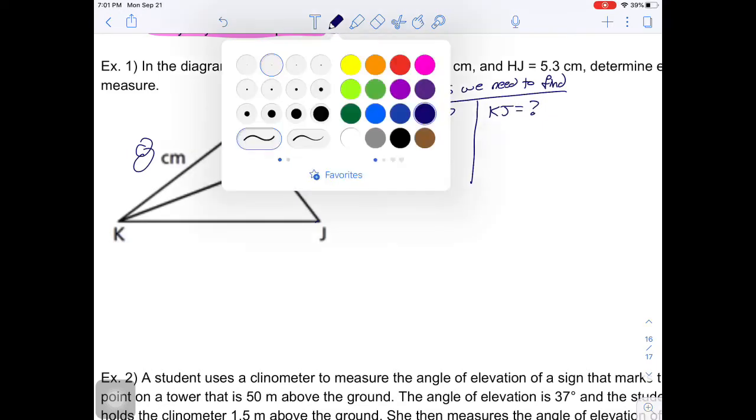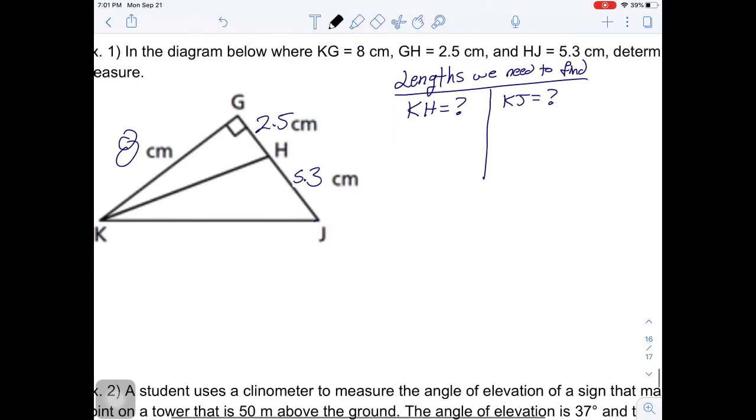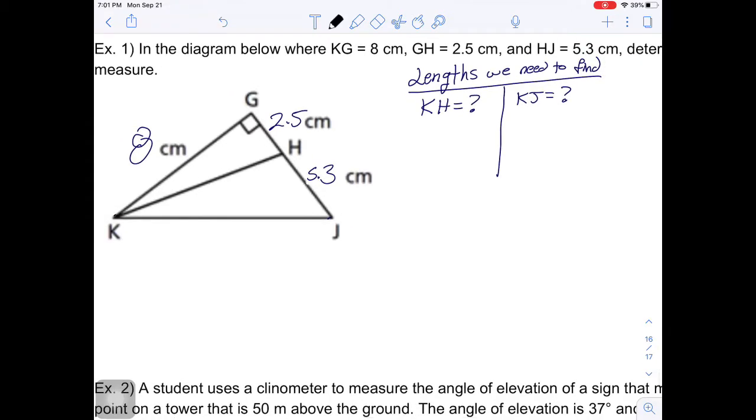Now, before we move ahead, why don't we just start solving for these things? Okay. So what I'm going to do here is I'm going to say, okay, I need to find K to H. So what are the things I can use to find K to H?